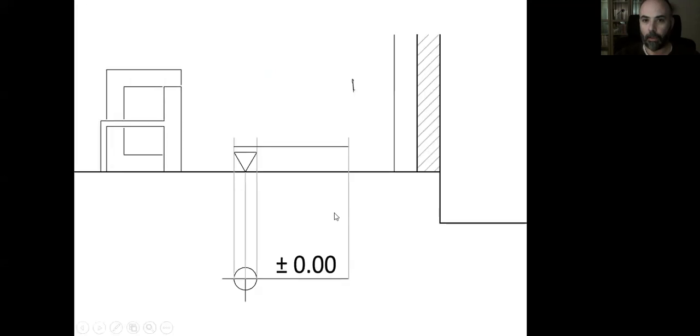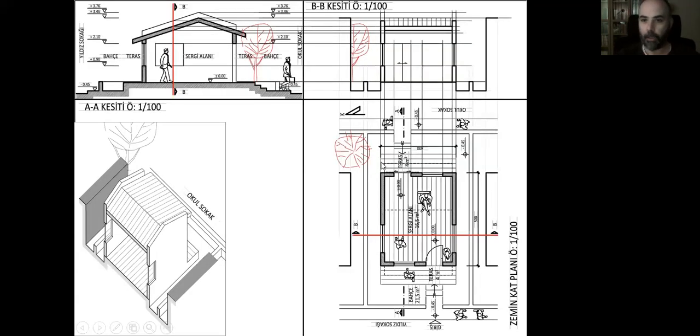Yeah. So when I finish the drawing, now I can add the explanations. As you can remember, I need to write the names of the spaces. I need to show the levels and put the views of people.